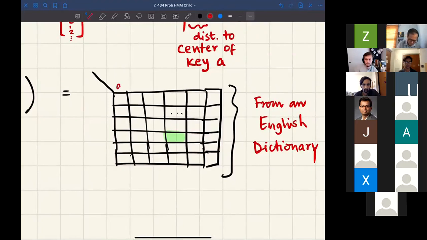I basically want A, B, Q, W, Z. I'm putting just dot, dot, dot. There are not enough columns and rows, of course. I'm just saying this.